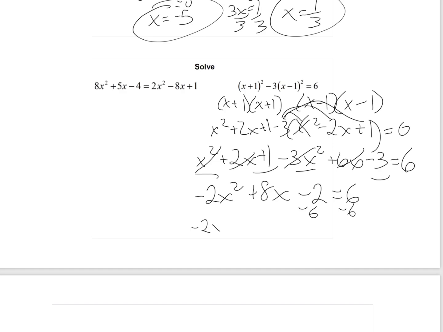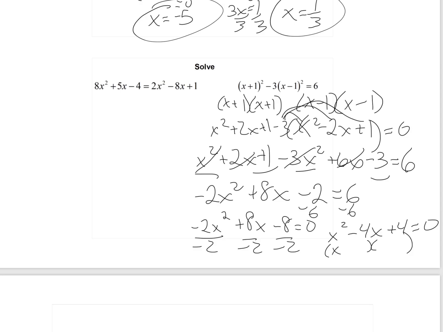So I got negative 2x squared plus 8x minus 8 equals 0. Look, they're all divisible by negative 2. So x squared minus 4x plus 4 equals 0. And I can solve x minus 2 and x minus 2. So x equals 2 twice.